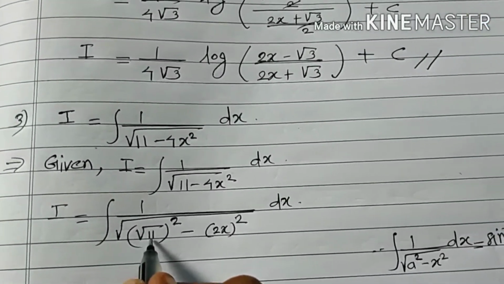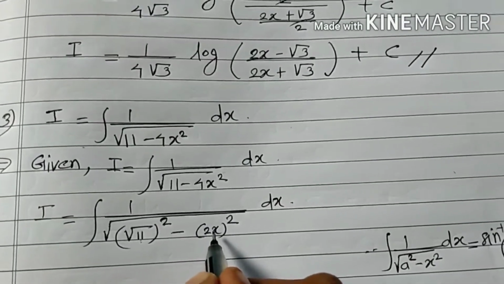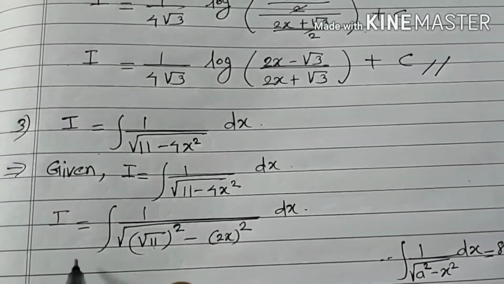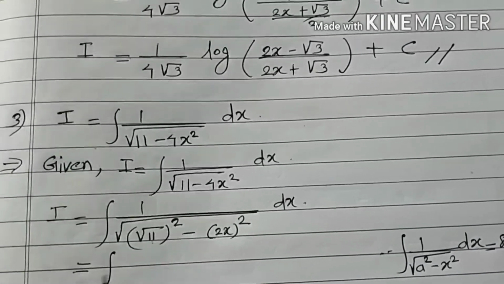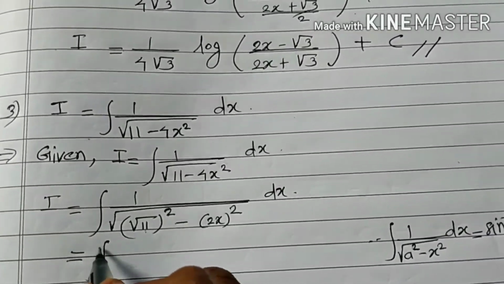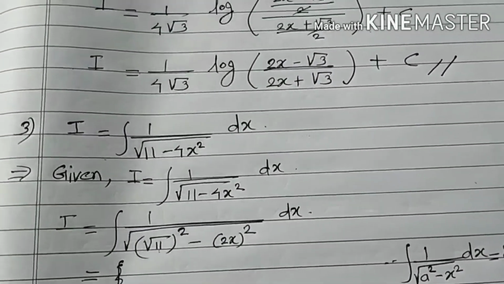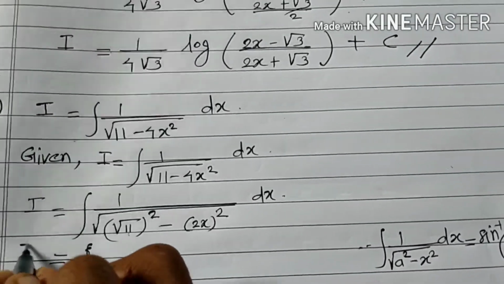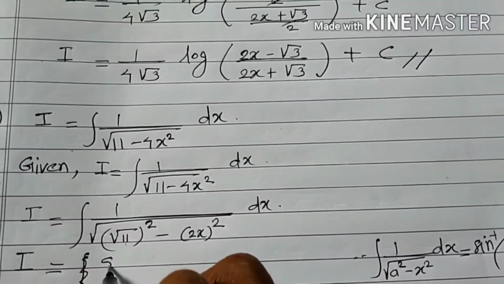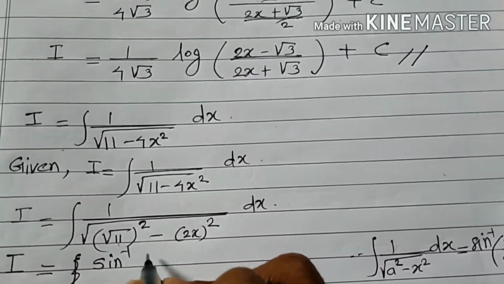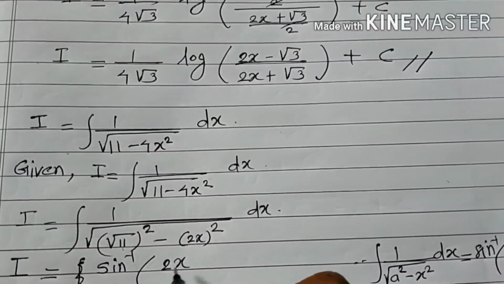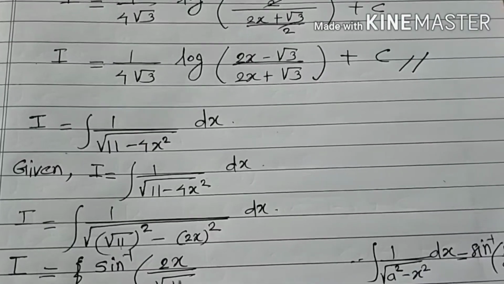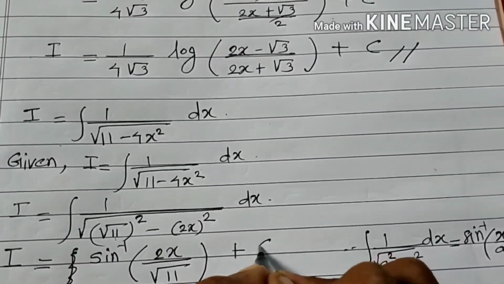So here under root 11 is a and here x is 2x. You can take it here under root, the integration sign will be removed after taking integration. So I is equal to sine inverse x upon under root of 11 plus c.